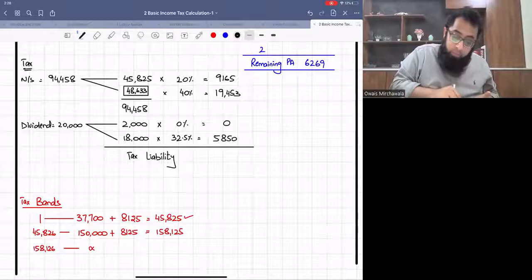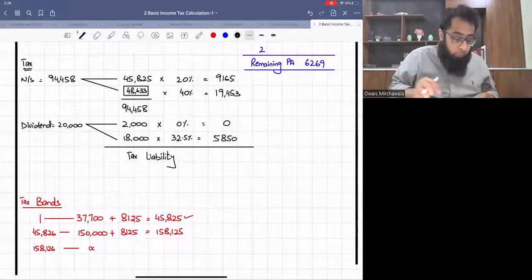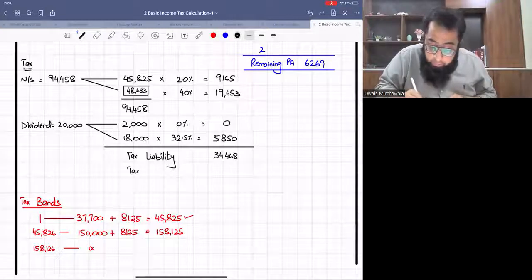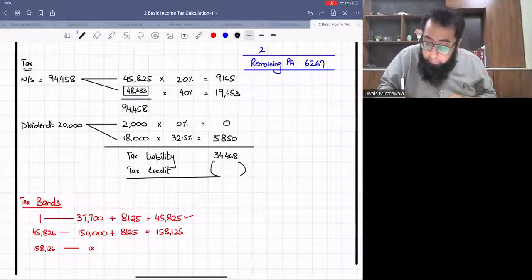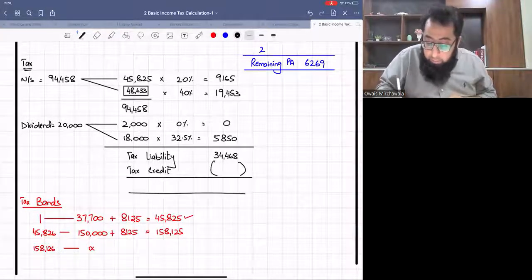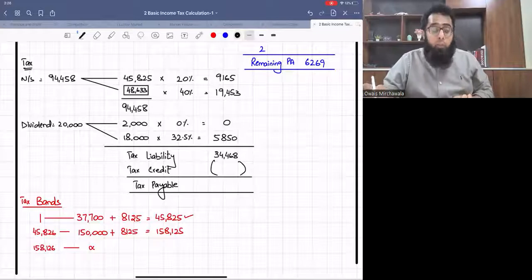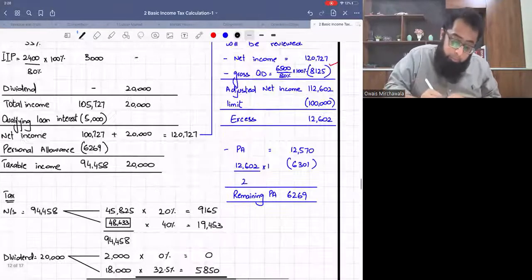9165, 19453, 5850, 34468. We will deduct the advanced taxes of discretionary trust and IIP to arrive at the value of tax payable. So what were the tax credits here?